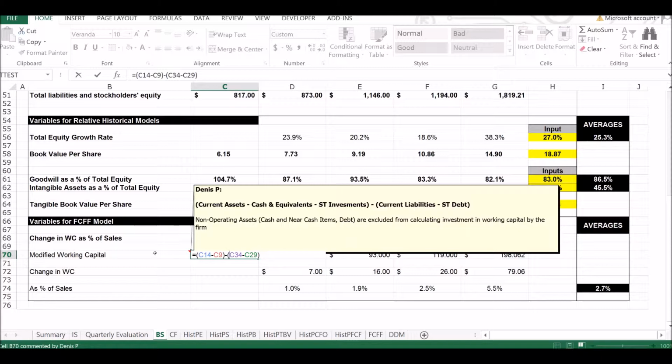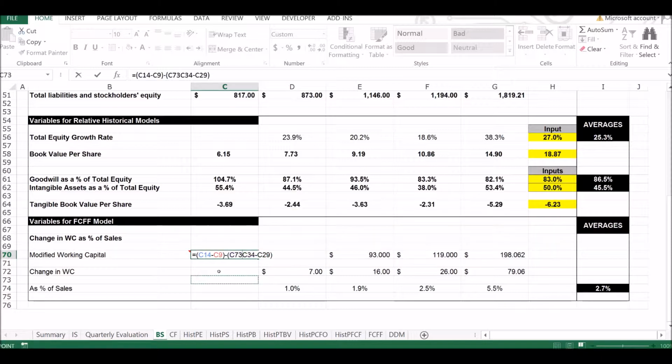Now, the reason that we do this is because cash, in many cases, is invested by firms in treasury bills, short-term government securities, or commercial paper. And while the return on these investments may be lower than what the firm may make on actual investments, they represent a fair return for riskless investments.